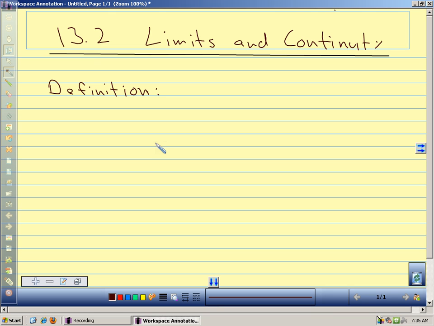So I'm going to write our definition of our limit for a multivariable function, a two-variable function, talk about what it means, and we'll go from there. So f(x,y) is a function of two variables. And the definition is the same if we have more than two variables.